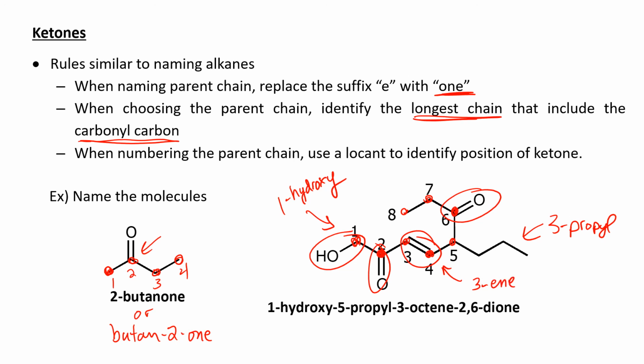And your ketone, there's 2 of them, one at the 2, one at the 6, so that's a 2,6-dione. So putting it all together, 1-hydroxy, 5-propyl, 3-octene, you could have said oct-3-ene as well, 2,6-dione.